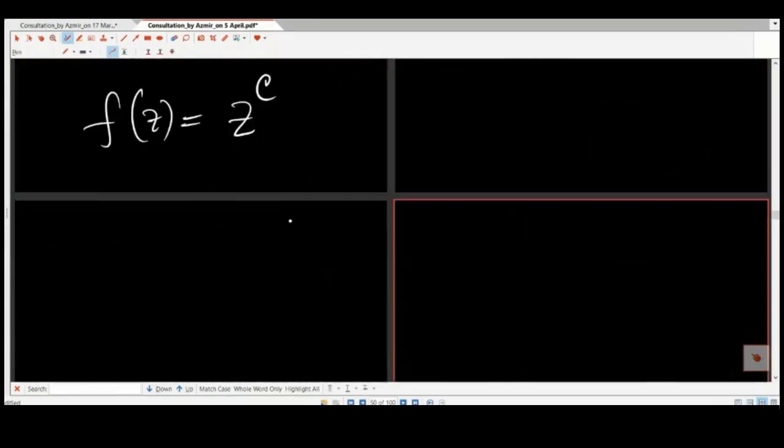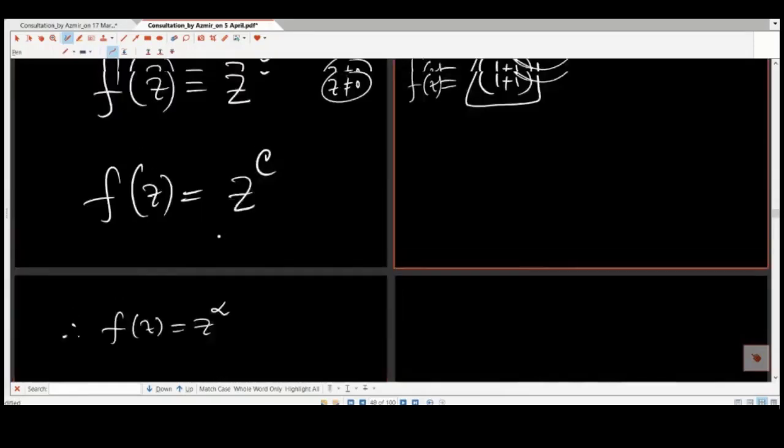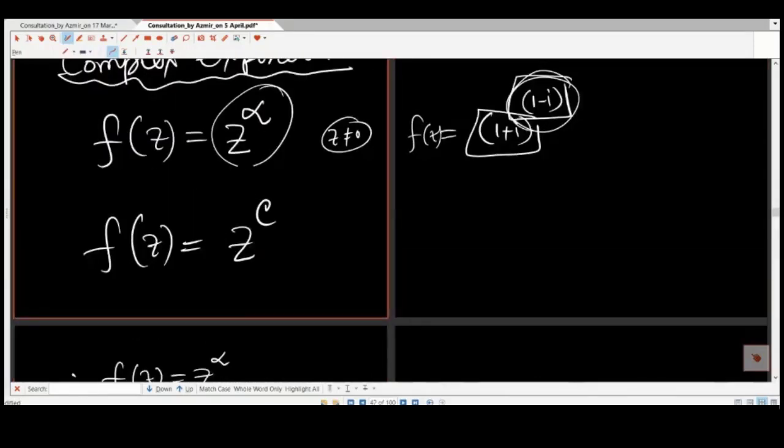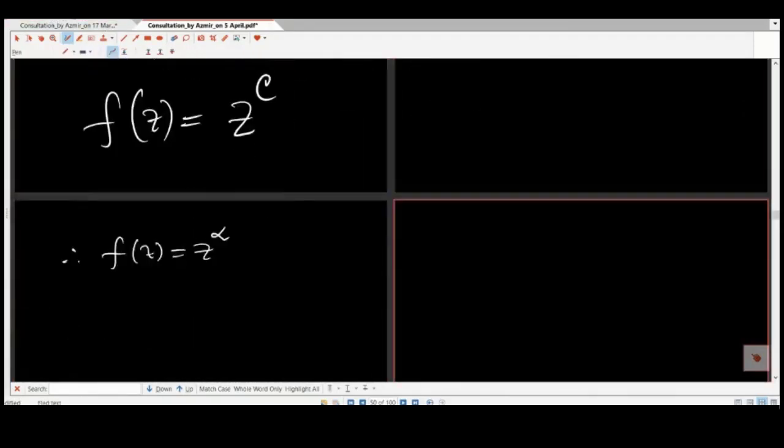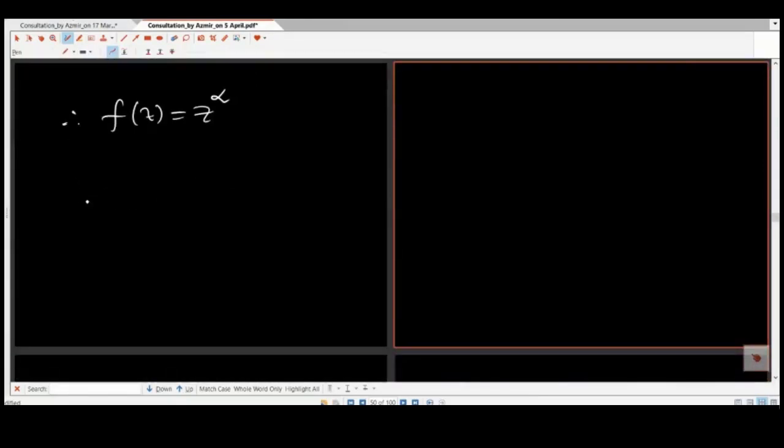Whenever we have f of z equals z to the alpha, I am working with z to the alpha. We can say that any function w equals f of z, so in that sense, we can write w equals z to the alpha.